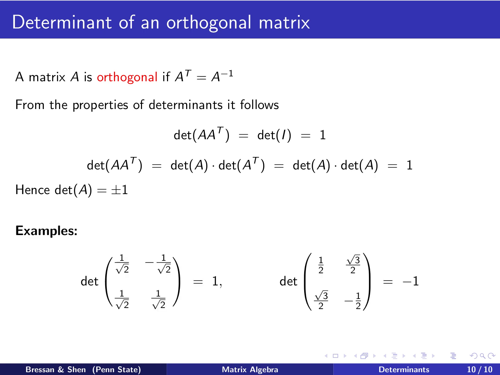Okay, we can take a quick example, from some of the examples we came across in our study of orthogonal matrices. This one is an orthogonal matrix, and we can compute the determinant, which will be this times that is half, minus this times that is negative half, and they add up to be 1.